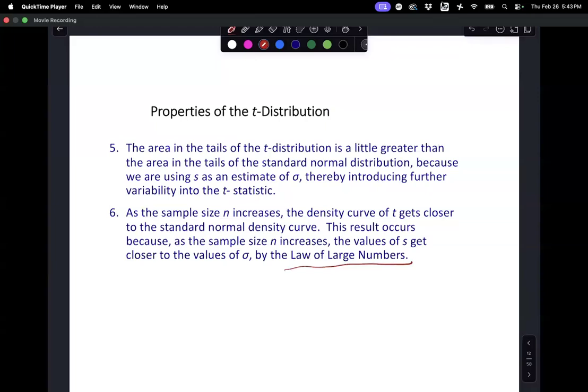It's going to look more like Z. I know we say 30 is where it gets normal, but around 40 is where we get it perfectly with Z. Our T values and Z values are basically the same when we get to about 40. It really depends on the population, but 40 is kind of a rule of thumb. I will show you some examples in a little bit.